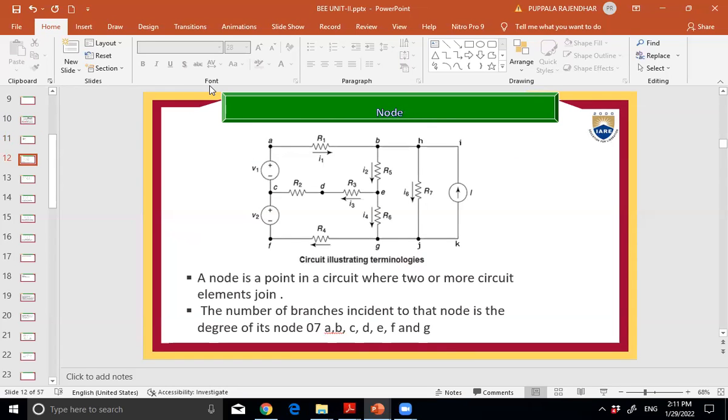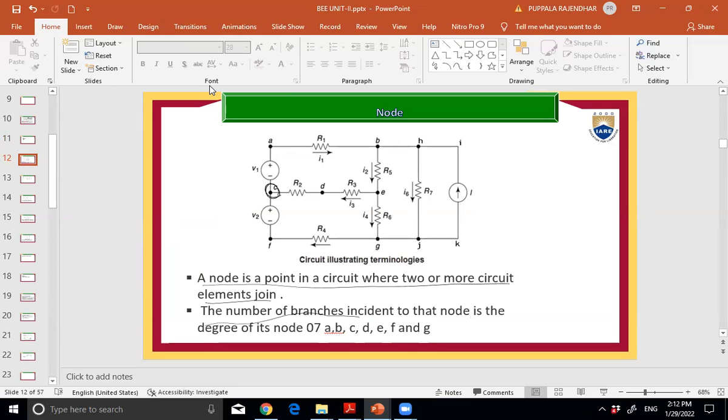What is a node? The joining of two parts. Very good. Two or more circuit elements are joined together at one point, right? Now just take node C here.